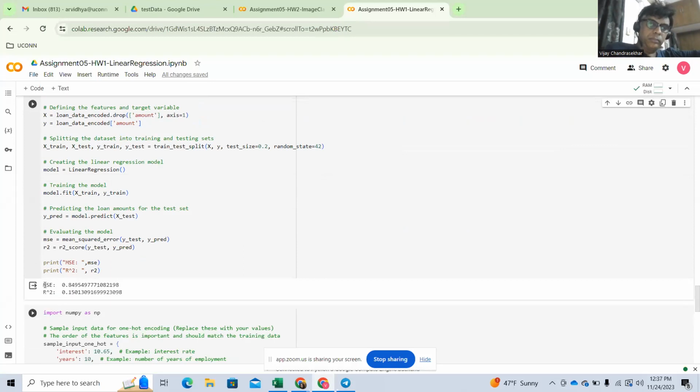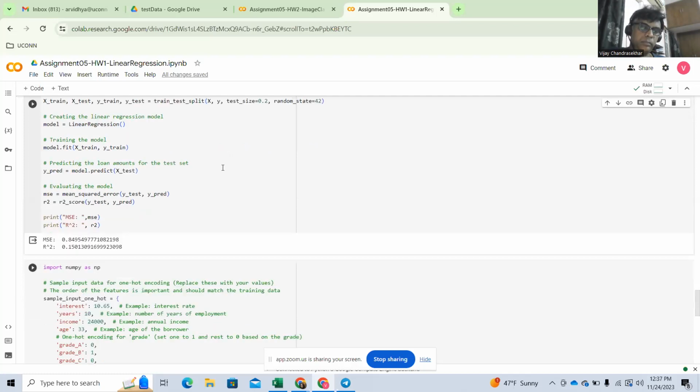For example, the mean squared error without standardization was around 35 million. So that was quite high. After standardization, we could see a significant decrease in the mean squared error. So I think standardization is important before we proceed using any machine learning model.